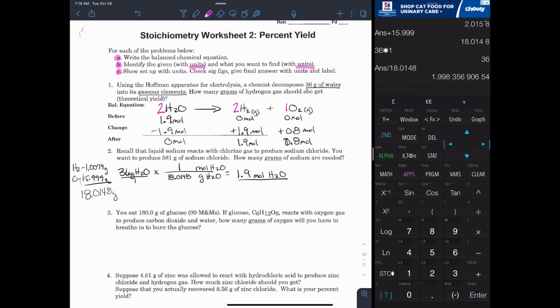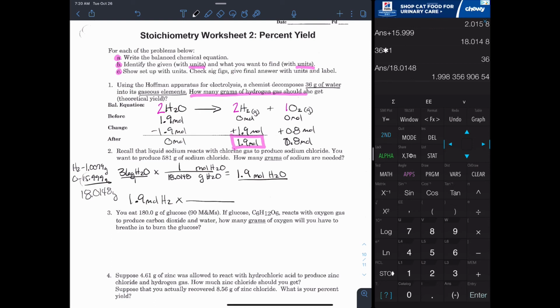So what's the thing we were asked to find here? How many grams of hydrogen should she get? How many grams of hydrogen? So that's this number, but it says grams. So the last step for us will be to change 1.9 moles of hydrogen into grams.